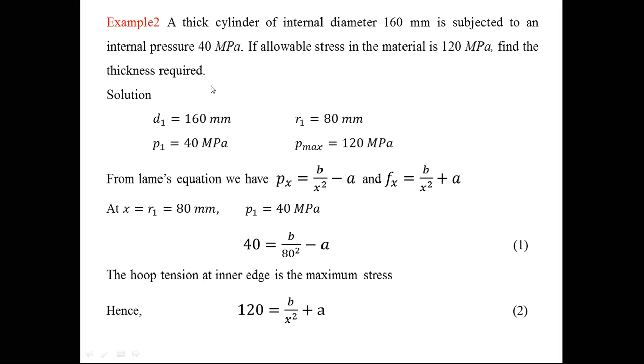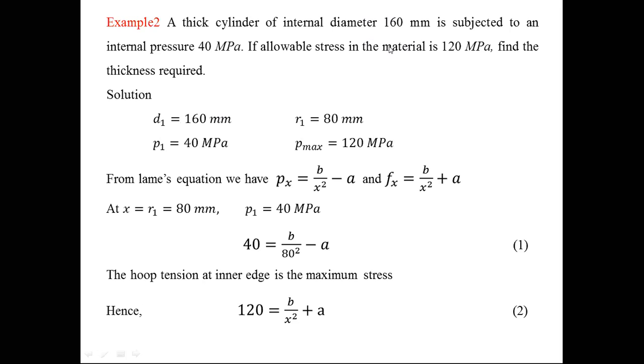D1 is the internal diameter, given as 160, so the radius is 80, and the internal pressure is given as 40. The allowable stress is nothing but the safe stress, taken as the maximum stress borne by the material, which is 120.